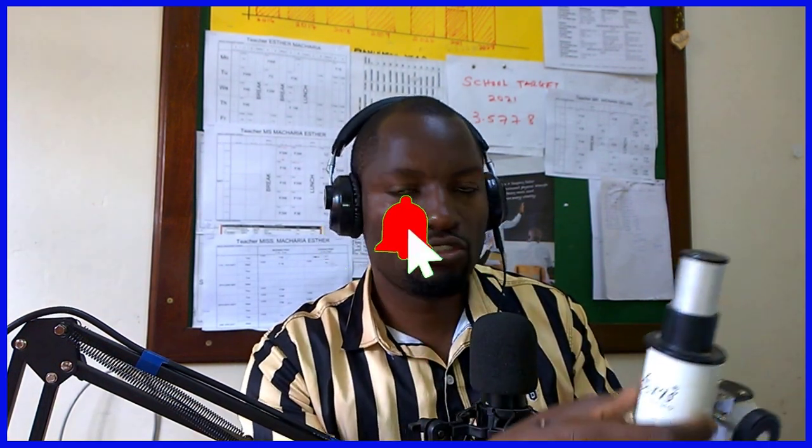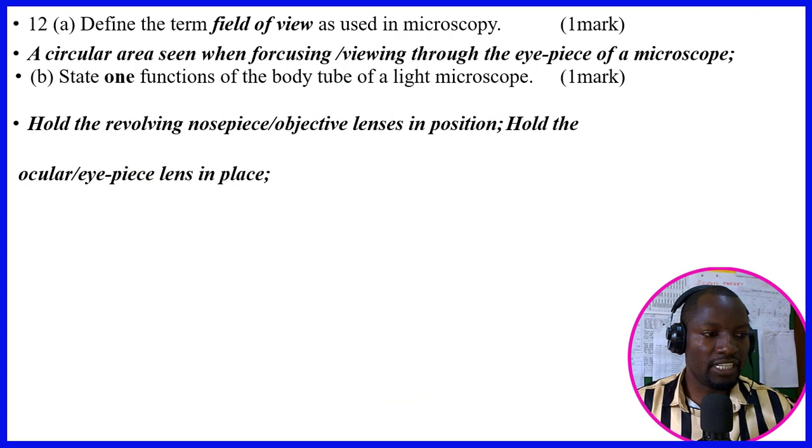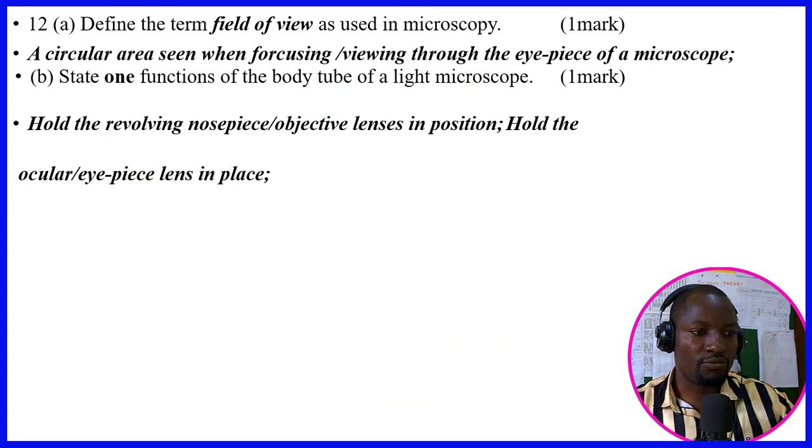So the major function of this body tube is to hold the revolving nose piece and the objective lenses in position, and also to hold the eyepiece lens in place.